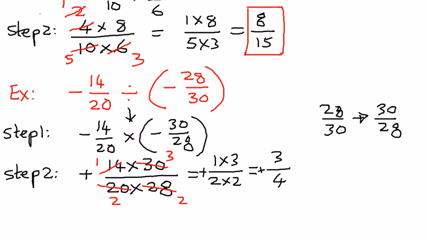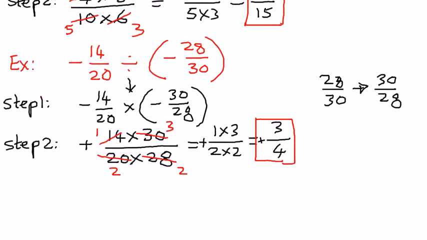We need not write the positive sign. The positive signs are implied, but in this case, if we put a positive sign, it doesn't hurt. So 3 over 4 is the simplified form of dividing these two fractions, negative 14 over 20 divided by negative 28 over 30. It simplifies to a positive 3 over 4.